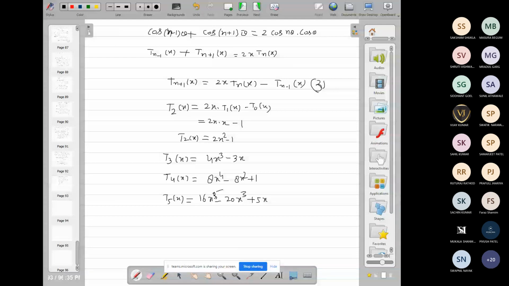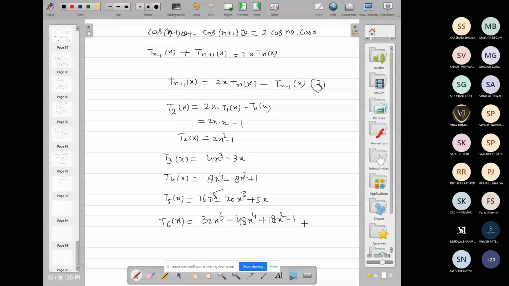and T6(x) is equal to 32x^6 minus 48x^4 plus 18x square minus 1, and so on.